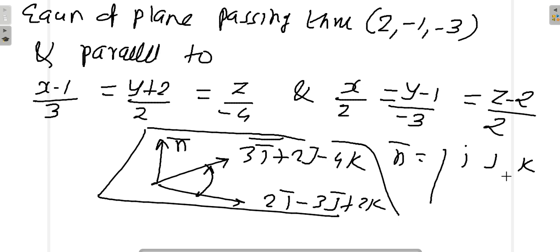Taking i, j, k, 3, 2, minus 4, and 2, minus 3, 2.